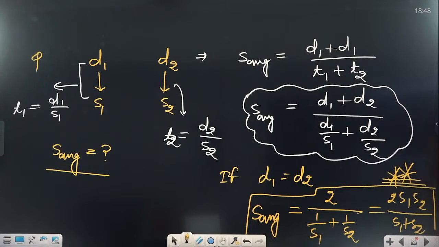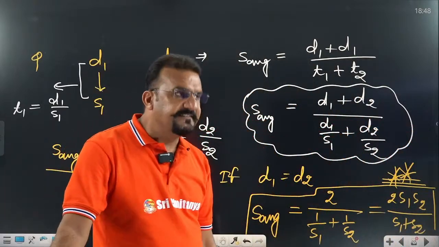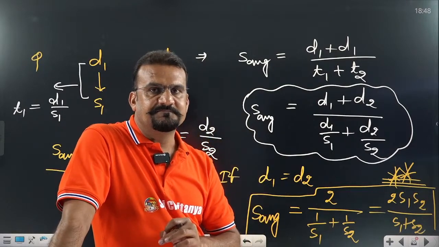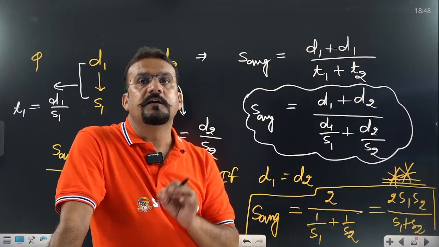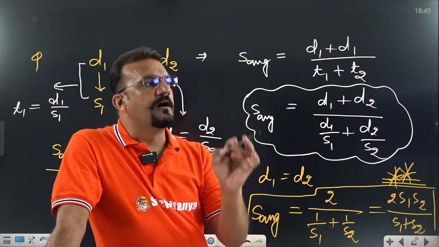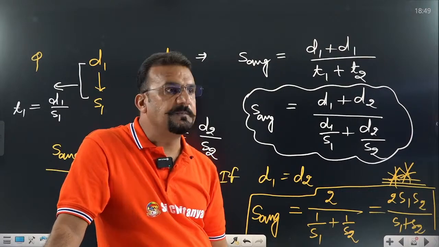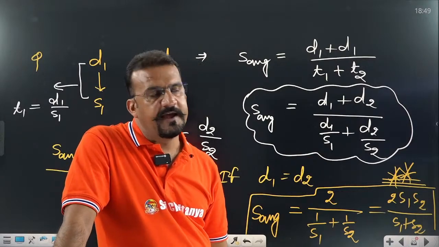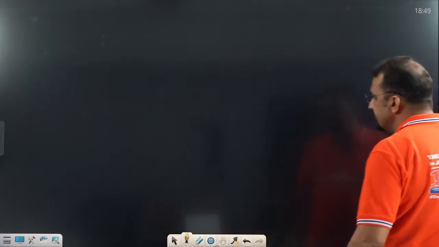Very, very important. How to remember this formula, sir? Whenever it is given that two equal distances are covered with two different speeds, listen very carefully, then their average speed is going to be 2 s1 s2 divided by s1 plus s2. You know, in one of the NEET exams, this question was asked like this.